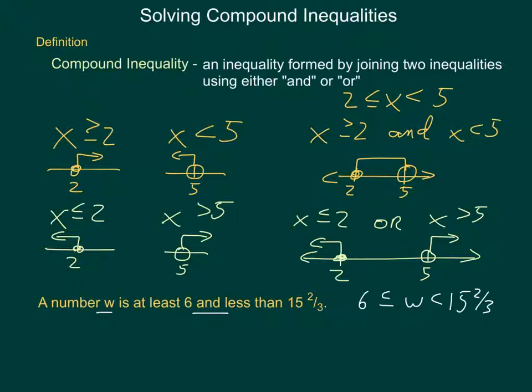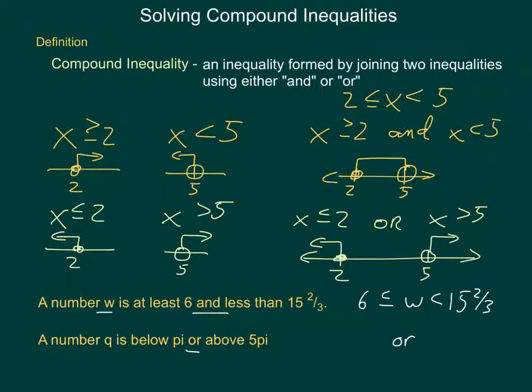Let's take a look at one other. And for this one, I'm going to use the written form rather than the Greek symbol, but a number q is below pi or above 5 pi. So we're going to have an or situation in here, as stated. So I have to write it as two separate items, so or.